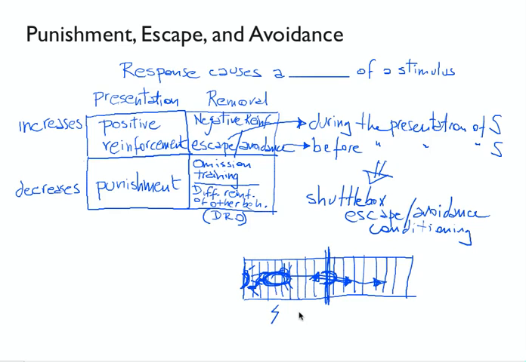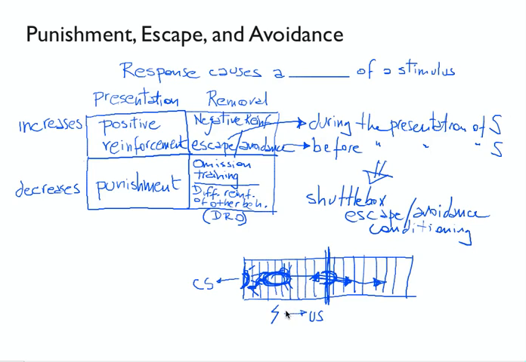This is your US. This light is your conditioned stimulus. But notice that the presentation of the US depends on the animal not making a response. If the animal makes the shuttling response, it goes to the opposite side of the chamber, then the US is not presented.